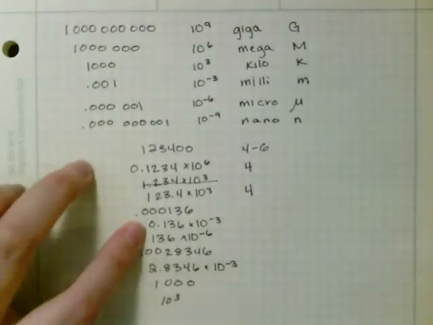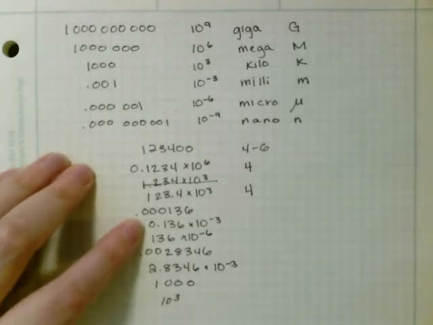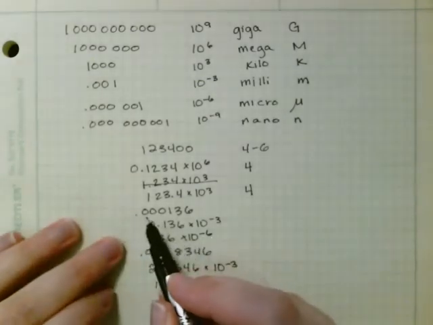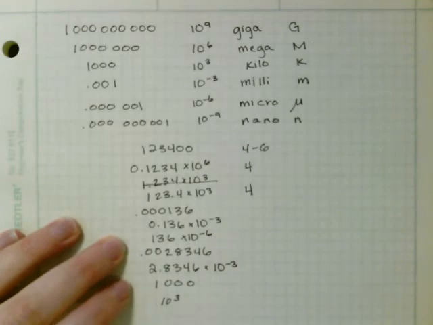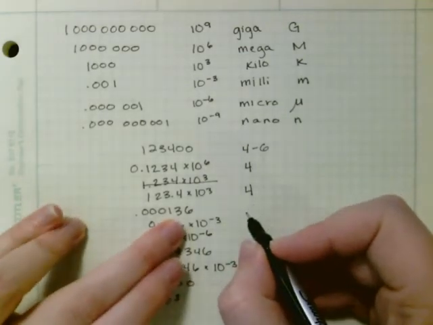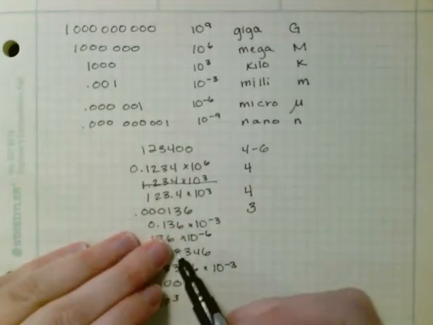Now this one, when a 0 is to the right of a decimal point, it's never a significant figure, unless it's at the end, but before the first non-zero number. So these 3 zeros are not significant figures. That means that we've got 3 sig figs, 1, 3, and 6. In this case, it's the exact same thing.